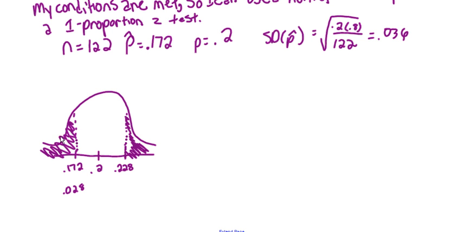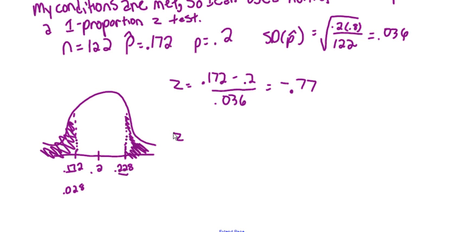Now what I need to do is figure out the area underneath the curve for both of these, for 0.172 and 0.228. I don't want you to write this down yet, I just want you to watch. So I would need to find my z-scores. I have 0.172, I'll do the lower tail first, minus 0.2 divided by 0.036, and I get negative 0.77.